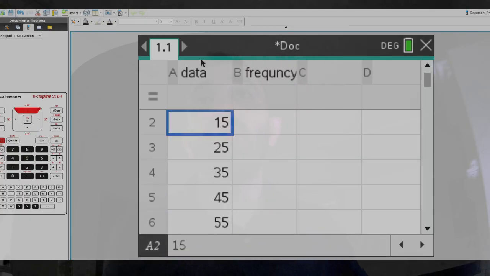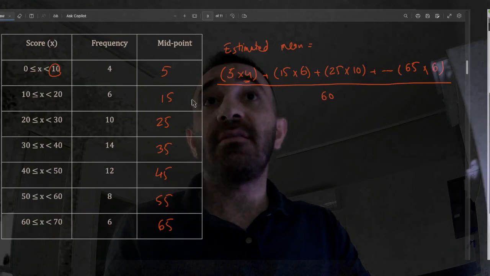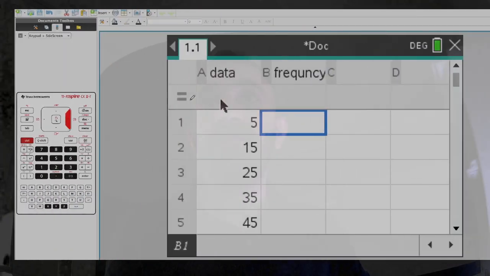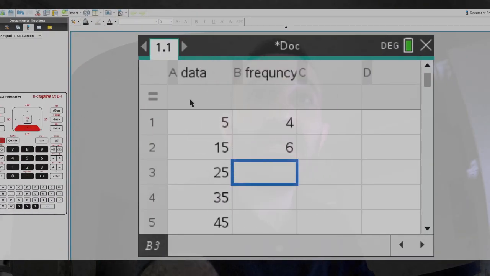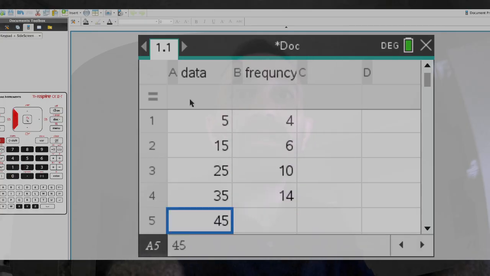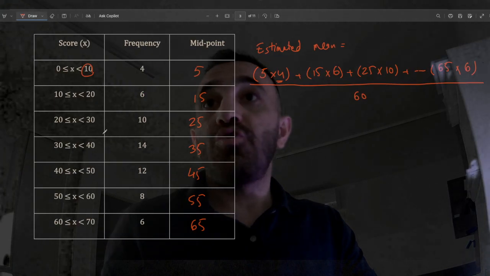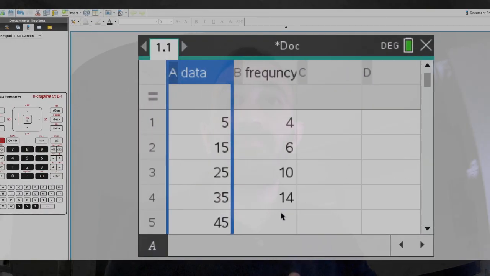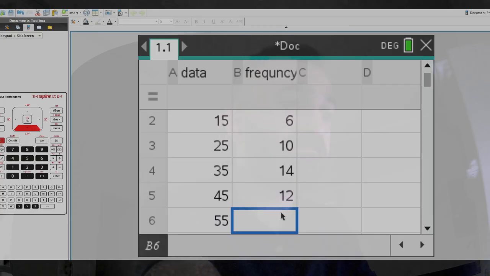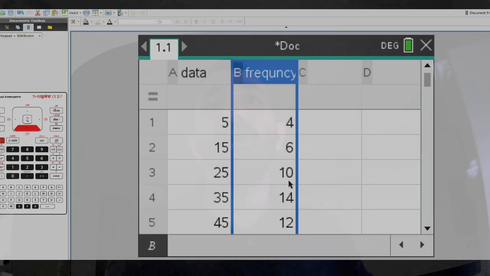Now, what are my data? The frequency: 4, 6, 10, 14, 12, 8, 6. Okay, I have the data with frequency.